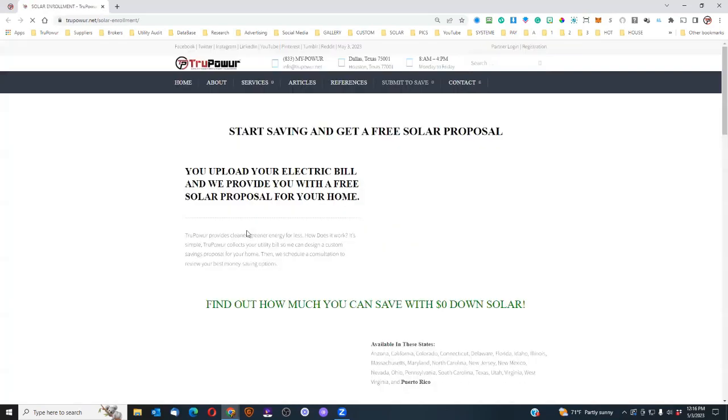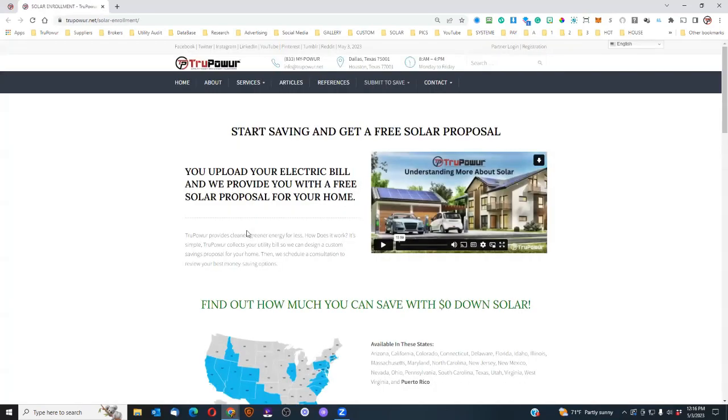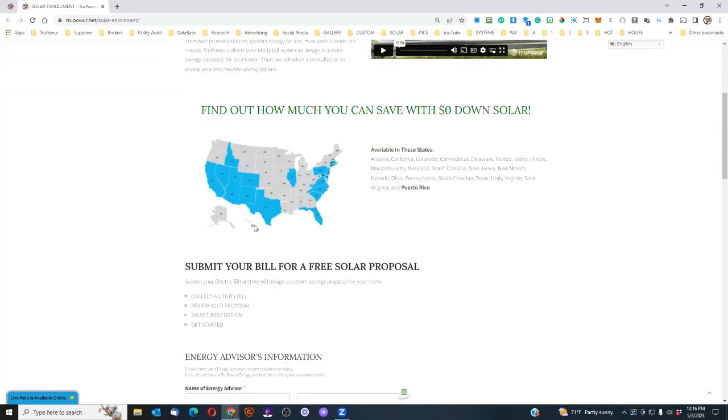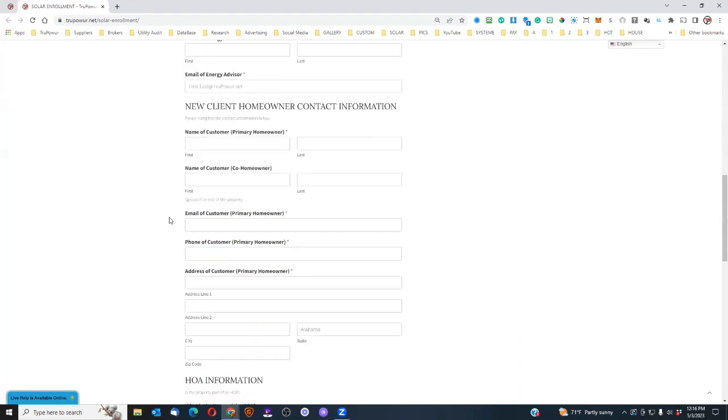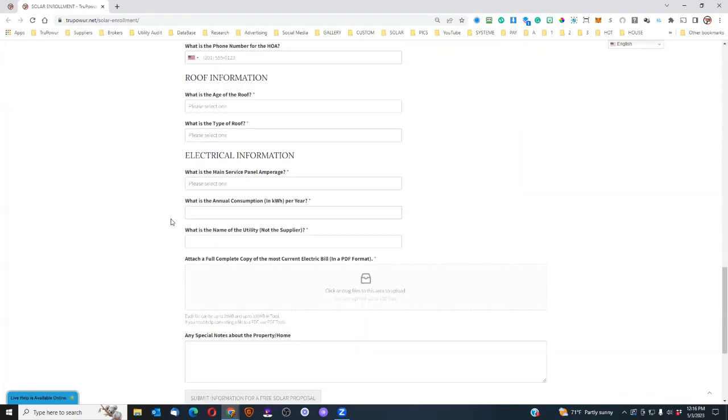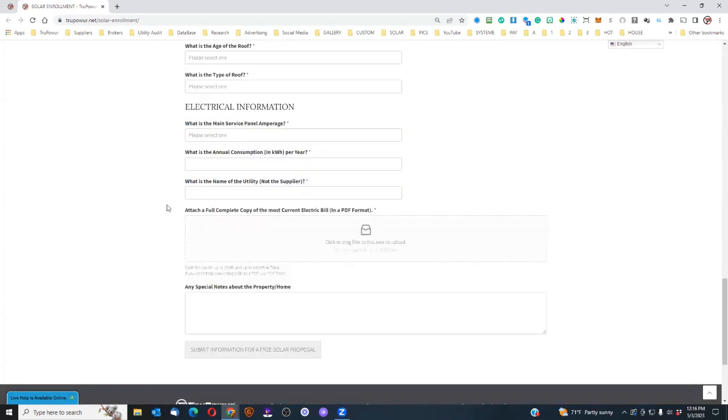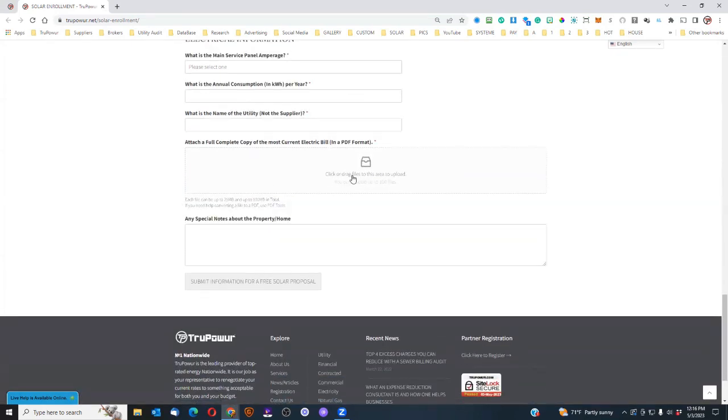And so unless you have the Powur platform established, then you're going to want to submit your solar deals, the ones that we install solar. And so again, you're going to put your name and email and then the customer's information, answer a few of the questions like the age of their roof and what type of roof is it, and attach a copy of their electric bill.